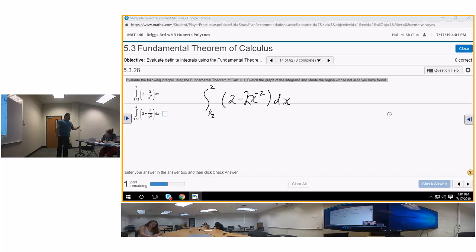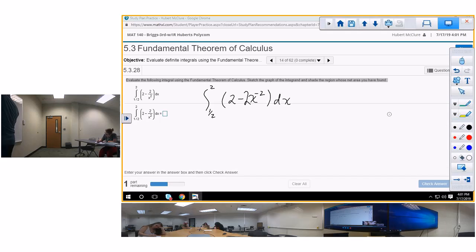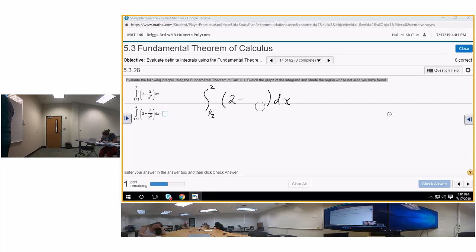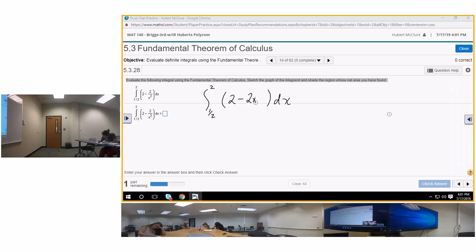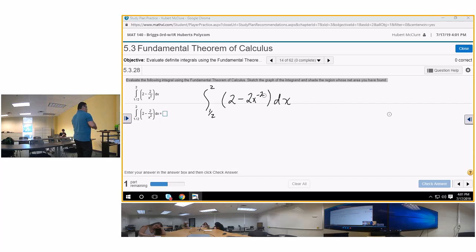Remember, fractions and radicals, you need to rewrite them. So I'm going to let y'all do this one. Now that 2 by itself, that's 2x to the 0.